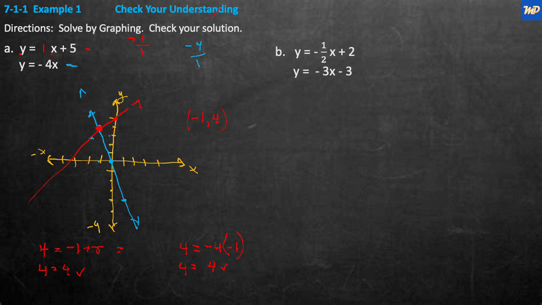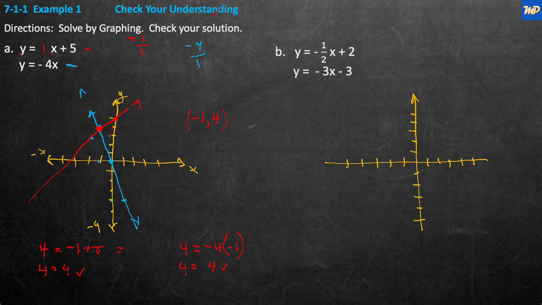Okay, let's look at problem B. Again, we're going to graph each of these. So I'm going to switch back to gold like I did on the other one. I'm going to draw the graph, do the best I can on that. Okay, and I'm going to say 1, 2, 3, 4, 5 in each direction.